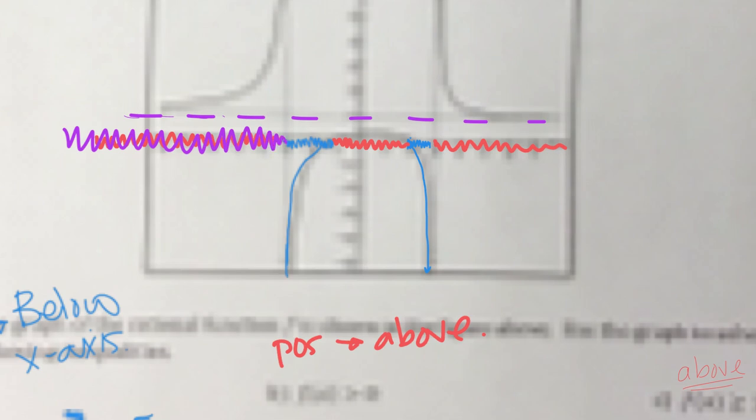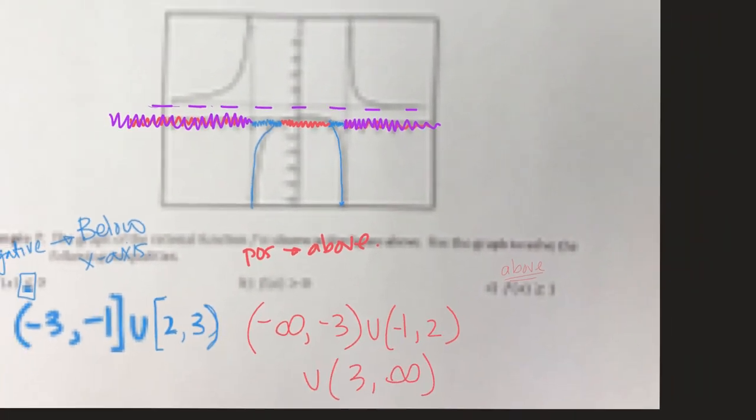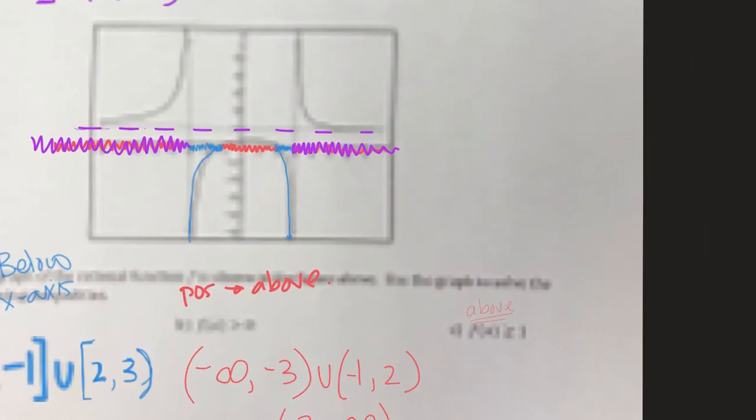At -3 it goes way down, and then it's still below until we get to +3, and then it continues on forever. So these are all the places where our graph is above. I don't think it's ever going to be equal to because it's an asymptote. So -infinity to -3. That's where our graph is above the horizontal asymptote. And then we have again from +3 to infinity. That's the other place where our graph is above the asymptote.